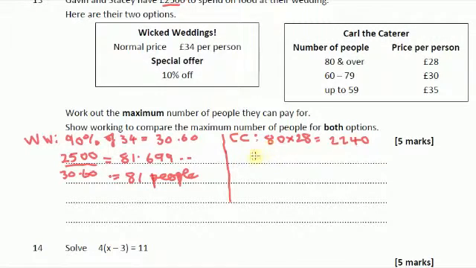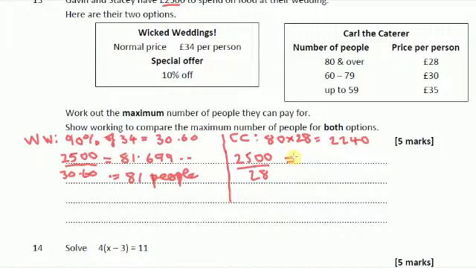So they can go with his final price of £28 and say 2,500 is what they've got to spend. And all of them, they will pay £28 per person. So just divide by 28. And we will get whatever the calculator tells us.